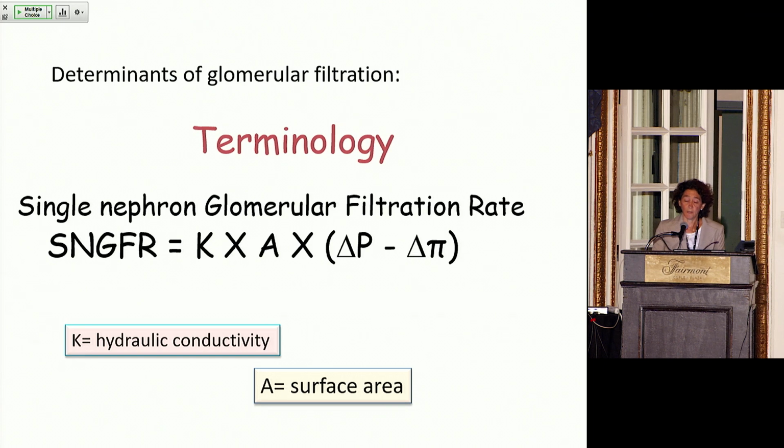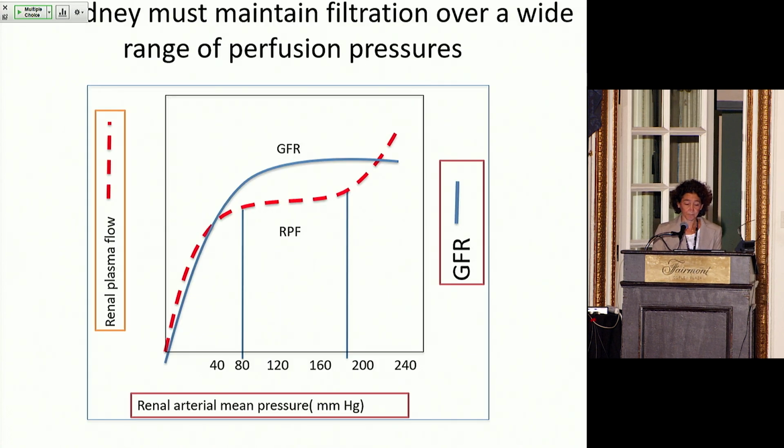So what are the determinants of glomerular filtration? This is a single nephron GFR, and we think about all the glomeruli together when we think about our estimated GFR, or our true GFR when it's measured. The single nephron GFR is affected by the hydraulic conductivity, by the surface area of the capillary, and of course the difference in pressure and oncotic pressure.